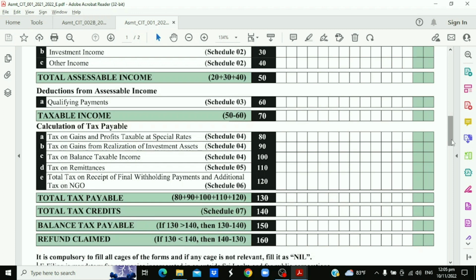Based on this taxable income, we have to decide the tax on gain and profit at special rate, tax on gain from realization of investment assets (capital gain), and tax on balance taxable income. Those are calculated using schedule 4. There are specific applications for schedule 4 which we will discuss later. Out of this taxable income, some of it is taxed at a special rate other than the standard rates.